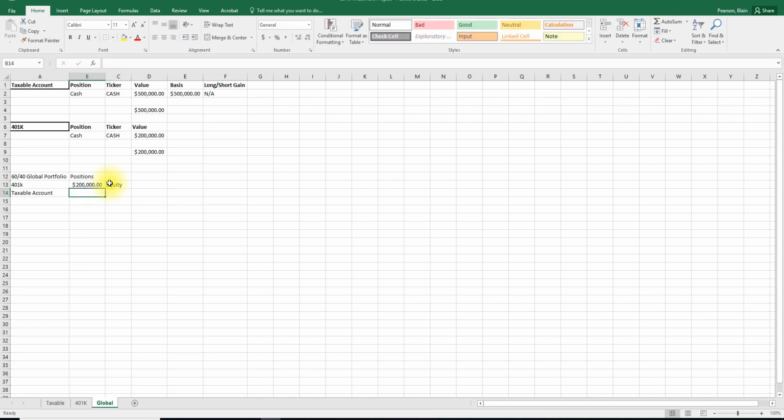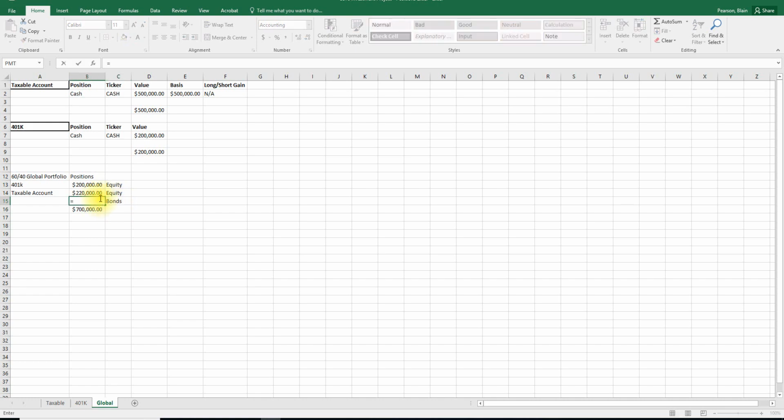The remaining $220,000 will be used to purchase equities, but only in her taxable account. Because we know that the summation of her portfolio is $700,000, the rest will go to bonds in her taxable account.